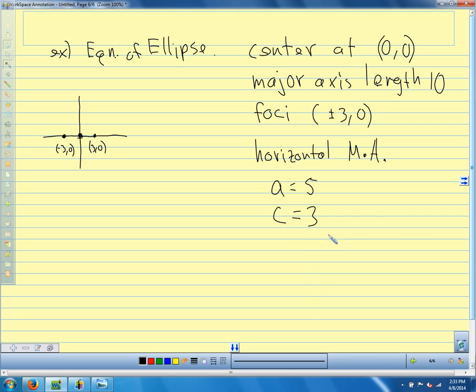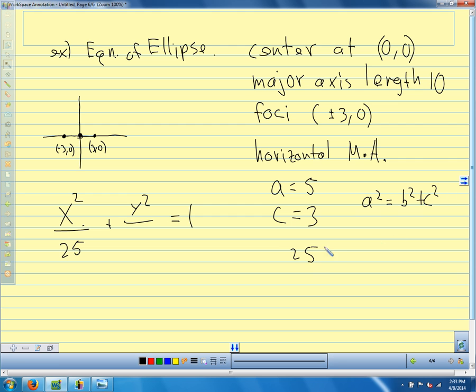I can start writing my equation because I know that A has to go under which coordinate with a horizontal major axis? A has to go under the x. So I can say x squared over, I don't have to subtract anything because my center is 0, 0, x squared over 25 plus y squared over something equals 1. And from this, I can find B. I know that a squared equals b squared plus c squared.